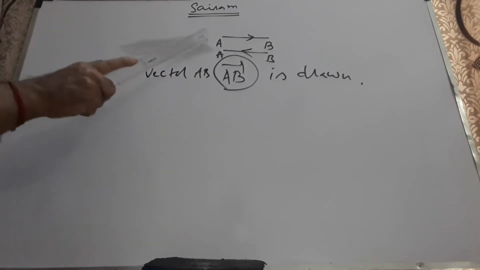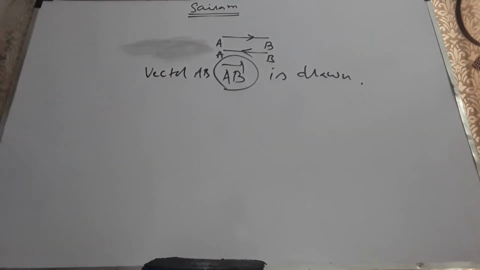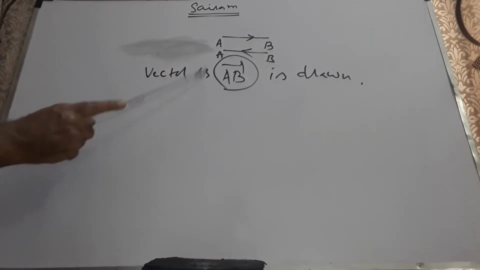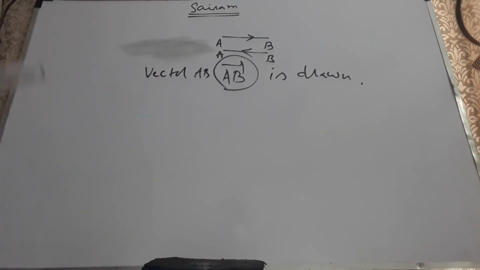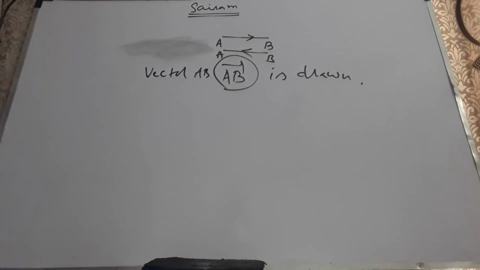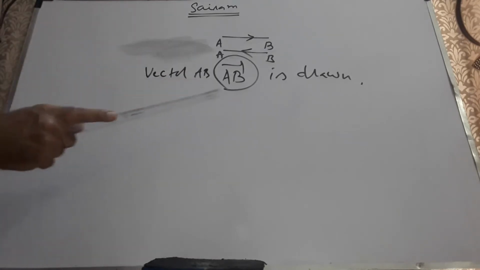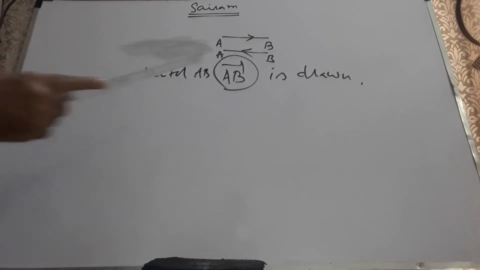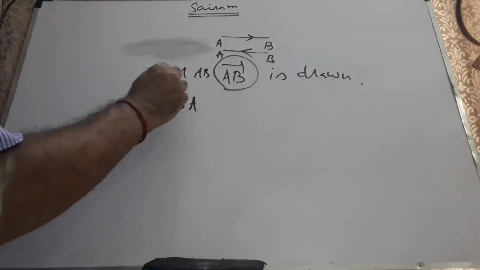But if I start from A and end with B, vector AB is produced or drawn. Similarly, if I start from B and end with A, vector BA is produced, and the notation is like this: AB vector, BA vector, etc.